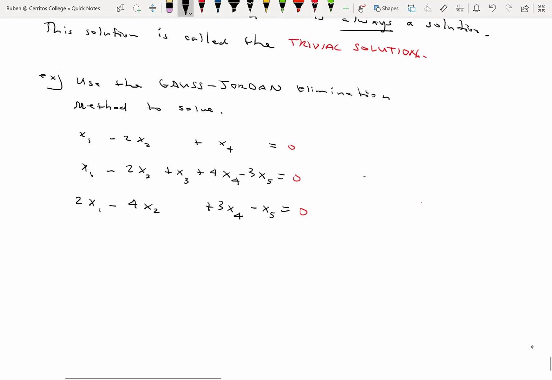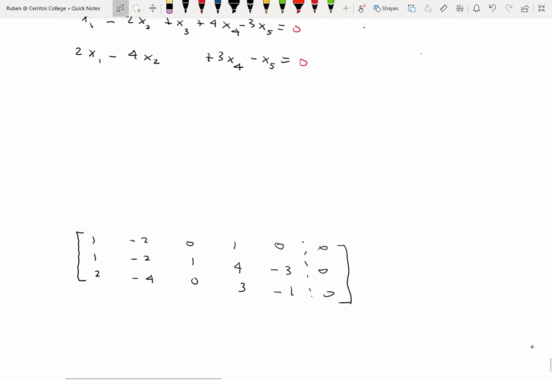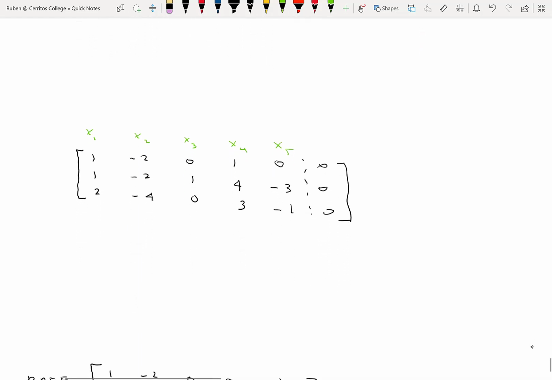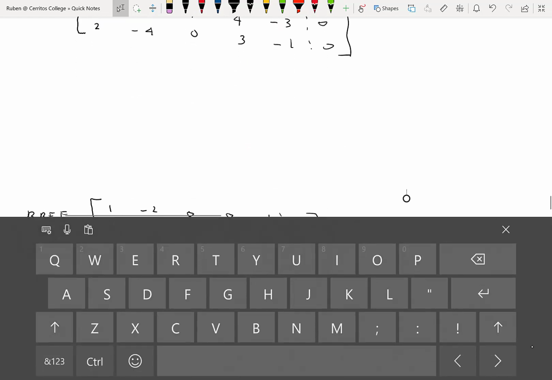So we set up the augmented matrix for the system, and I did that for us. Remember that we have 5 variables here: x1, x2, x3, x4, and x5, with the constants being zeros again, homogeneous system. I entered this into my graphing calculator to get an RREF as indicated.